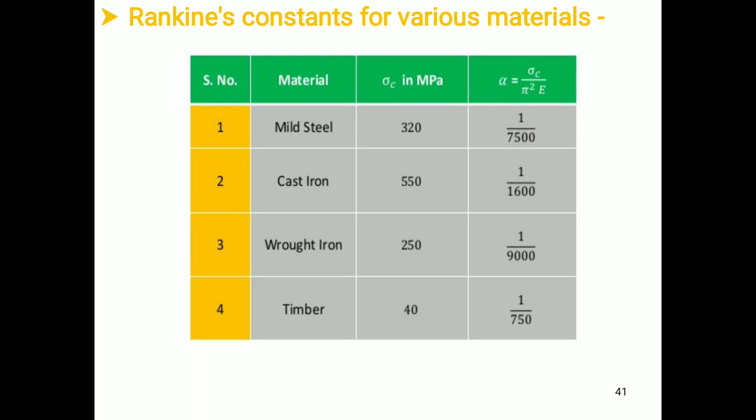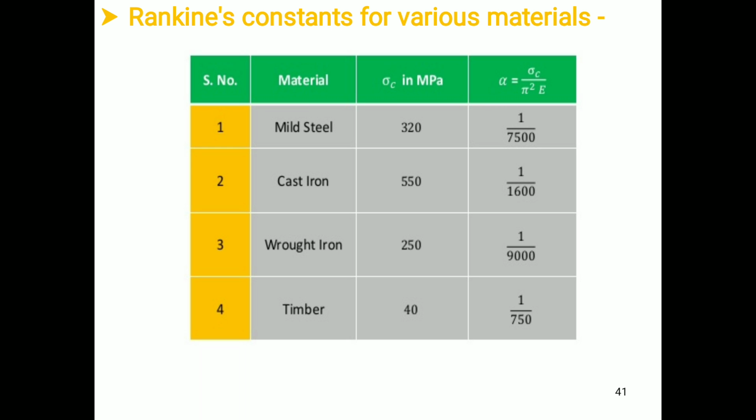This table shows the Rankine constant for various materials. For mild steel, the value of sigma c, that is the crushing stress, is 320, and the value of alpha will become 1 upon 7500. The second material is cast iron.